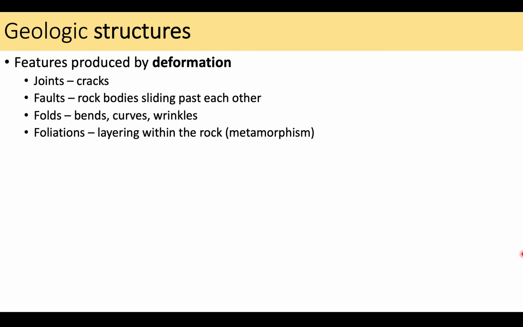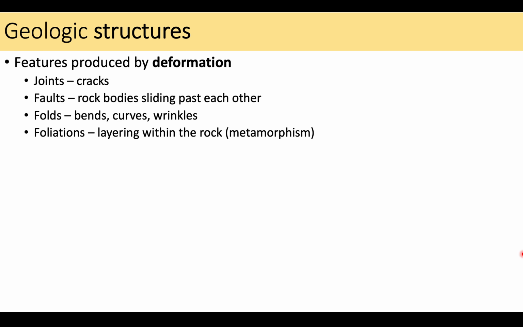So along with contacts, which are just layers between our different rock beds, the contacts can tell us a lot of information, or they can tell us something's missing, which is not a lot of information. We also have geologic structures.